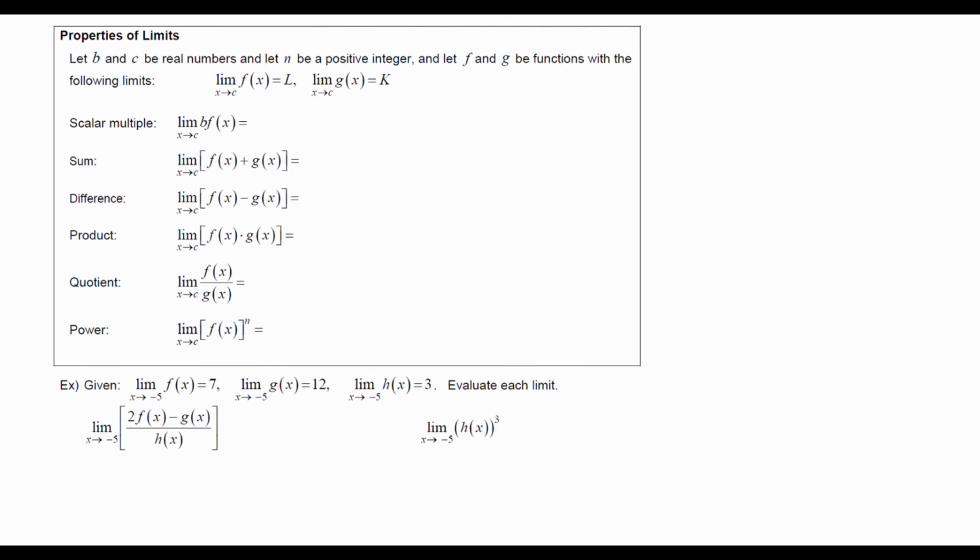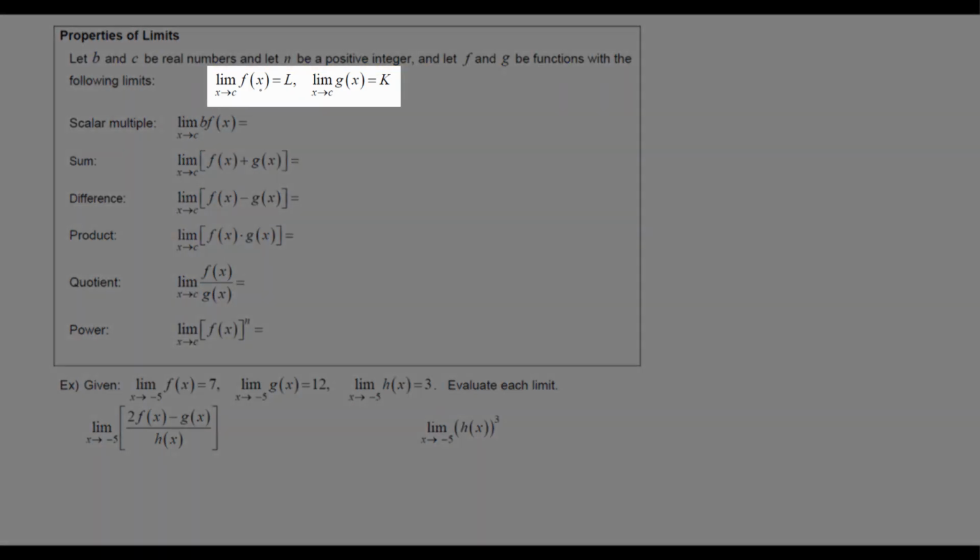More properties of limits. Let p and c be real numbers, and let n be a positive integer. And let f and g be functions such that the limit of f of x as x approaches c is equal to L, and the limit of another function g of x as x approaches the same number c is equal to k.